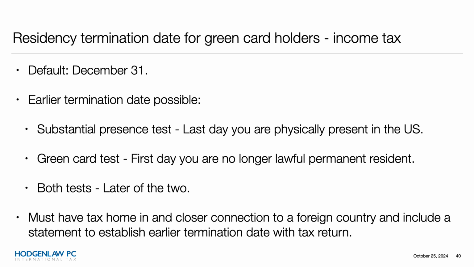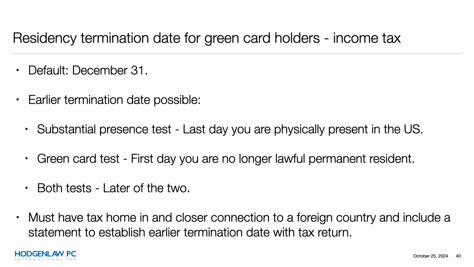And the rule for using the earlier termination date says that if you meet the substantial presence test, then your termination date is the last day you're physically present in the US. If you meet the green card test, it's the first day you're no longer a lawful permanent resident. And if you meet both tests in that year, then it's the later of those two dates.